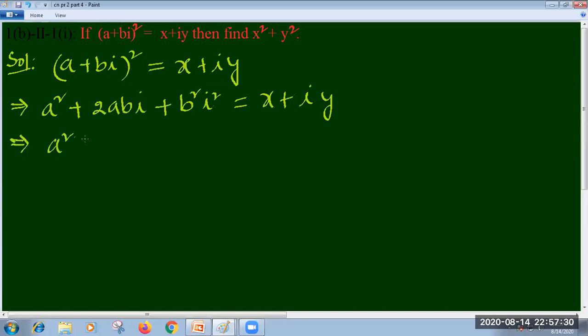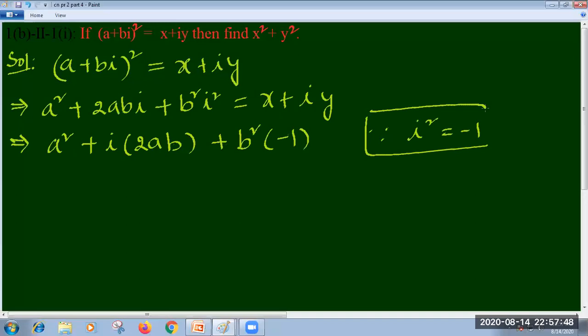So this is a square. Now I am writing i into 2ab. So this is b square, i square value is minus 1, since i square is equal to minus 1.